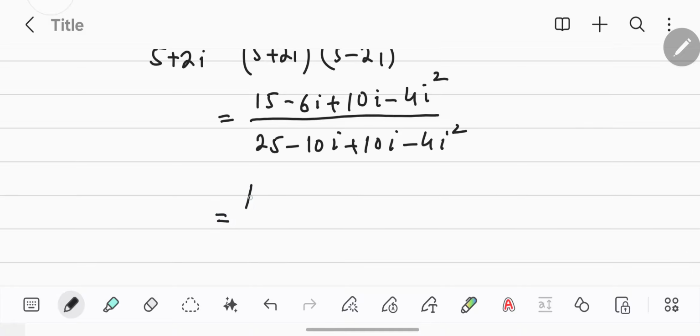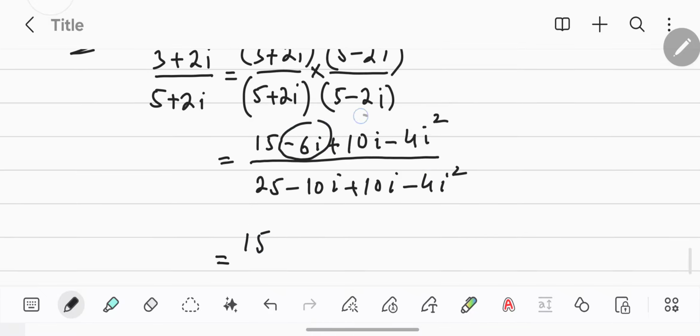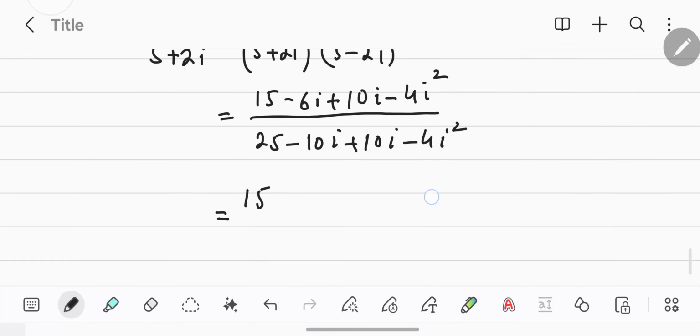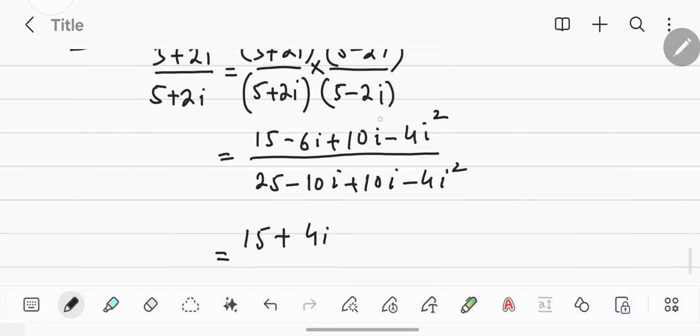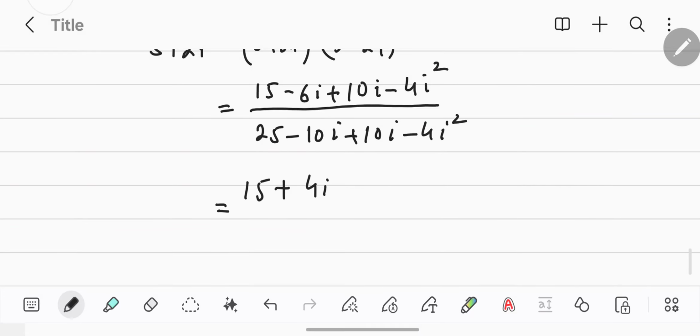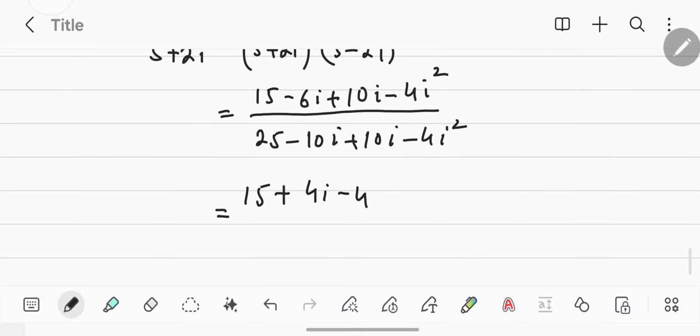Now I will simplify the terms. Negative 6 iota plus 10 iota. Negative 6 plus 10 is plus 4 iota, right? I mean, if I add these two terms, it will be plus 4 iota. And what is this? Negative 4 times iota square, iota square is minus 1. I will write here minus 1.